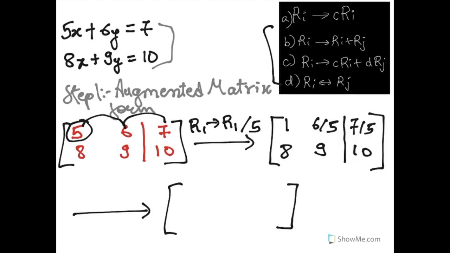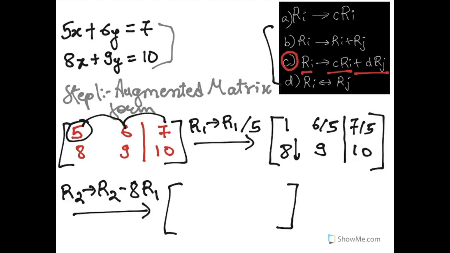So our second goal was to have anything below the diagonal to be 0. So in order to make 8 into 0, we can substitute row 2 by row 2 minus 8 times row 1. So this would be the third row operation, where you can substitute one row with the scalar multiple of the row itself plus any other row.